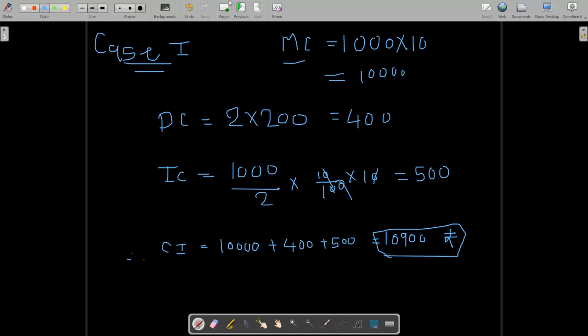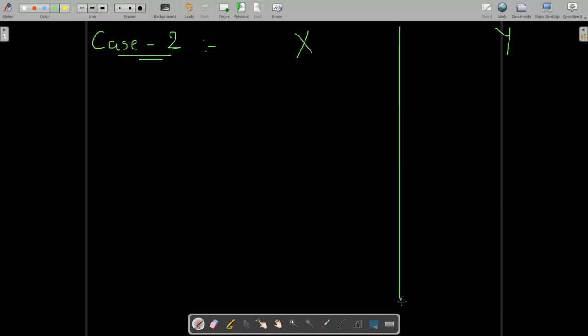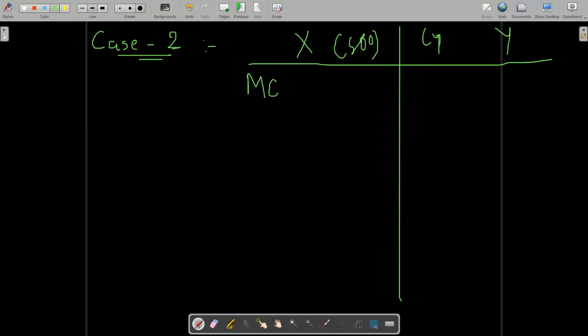Now we will do the same cost analysis for case 2. Here there are two vendors, vendor X and vendor Y, so we have to do the calculation for two vendors. What is the material cost in this case? X will supply 800 units and Y will supply 200 units. So material cost is 800 units at 10 rupees unit cost. So total material cost is 8,000.